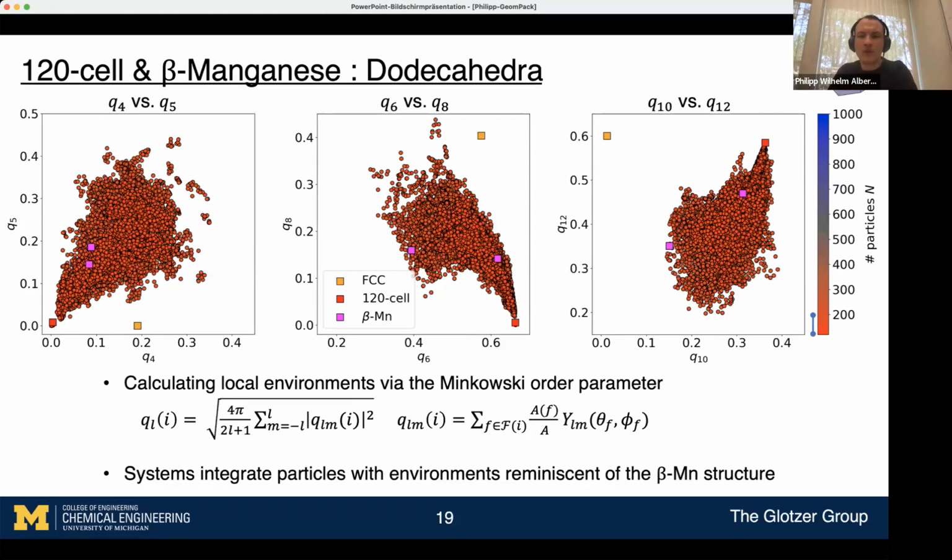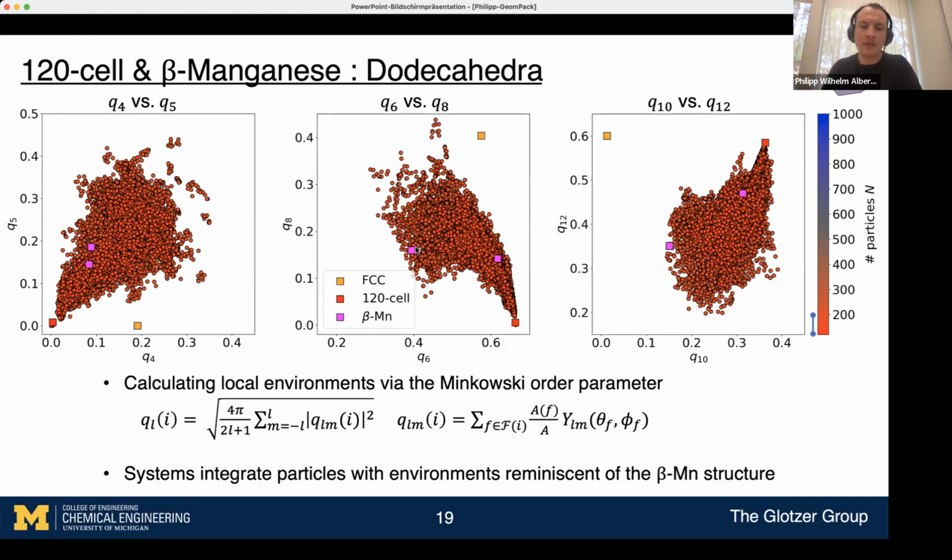So basically, what you have to think about here is that each point represents a certain local environment of the system. And because I looked at a 12-dimensional space in terms of these Steinhardt order parameters, I represent them in these three different plots. And what we can see, for example, is that the ideal environment for the 120 cell is down here.